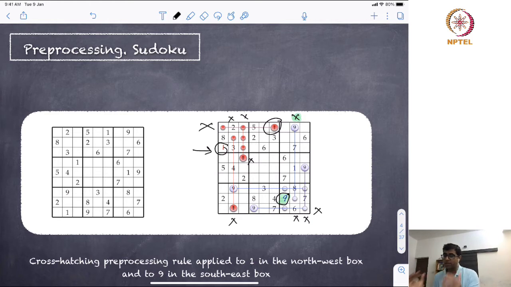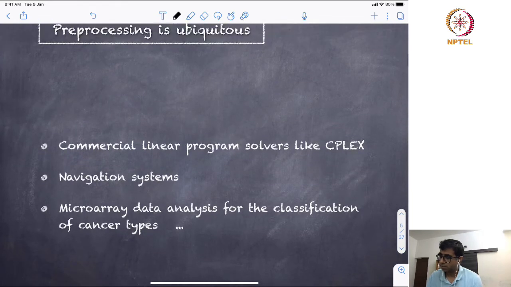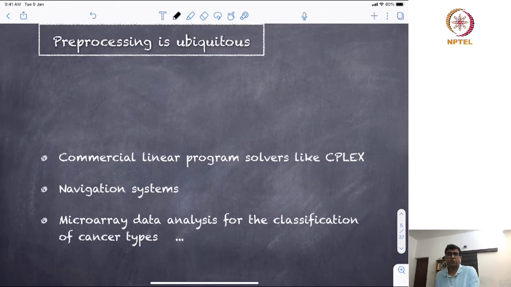So notice, given an instance, you are able to determine some reduction rule which tells you where to look for the new value. This kind of preprocessing is quite ubiquitous in computer science. Linear programming solvers like Simplex rely on such simple rules to reduce your data.